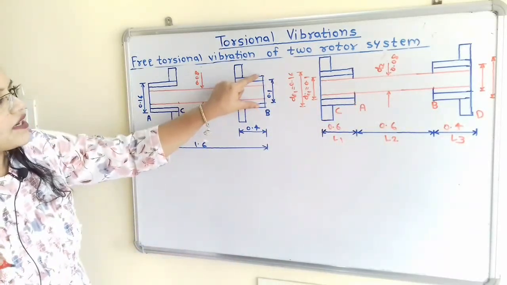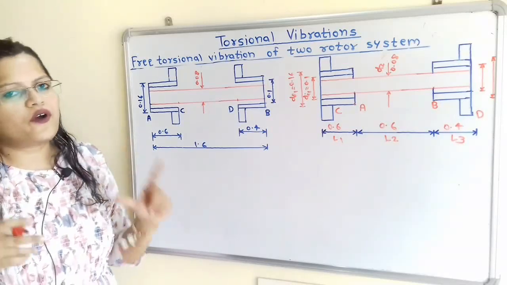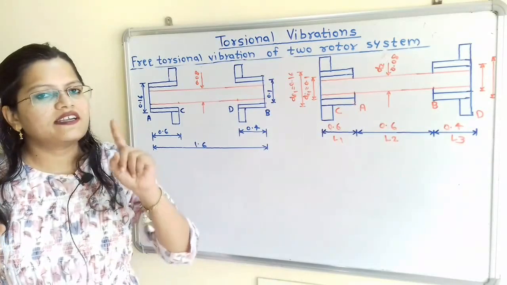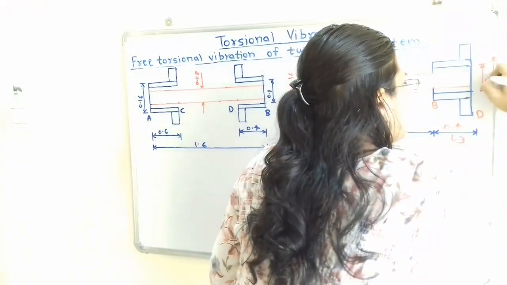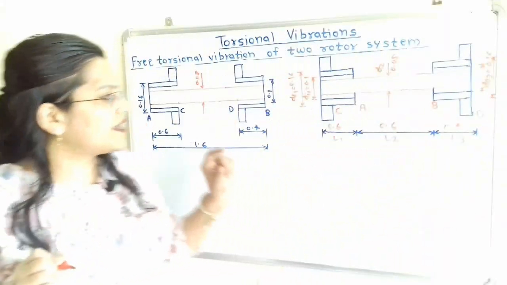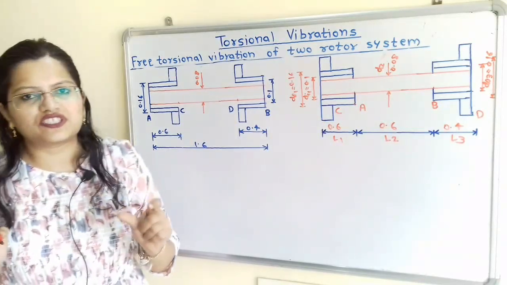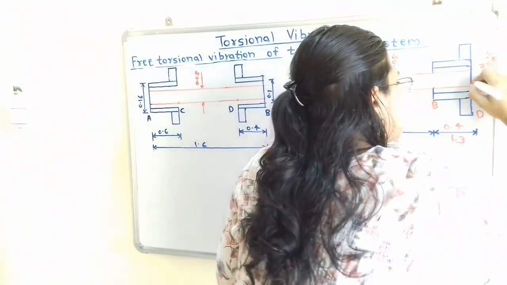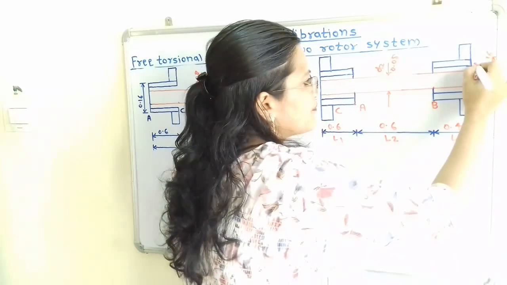The outer diameter is the same, 0.16, so for section 3, DO3 is equal to 0.16. In the same way, the inner diameter is 0.1, so DI3 is equal to 0.1.